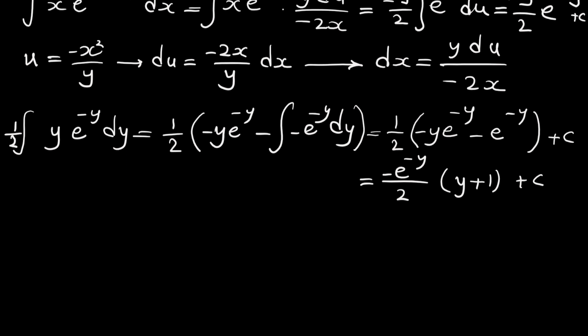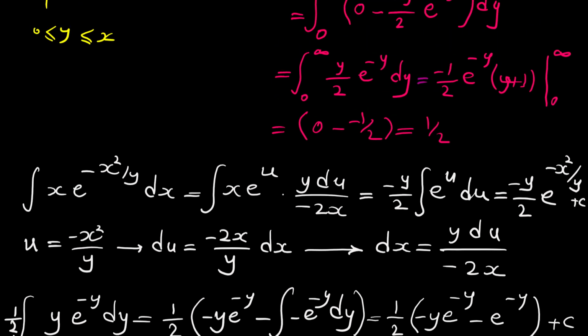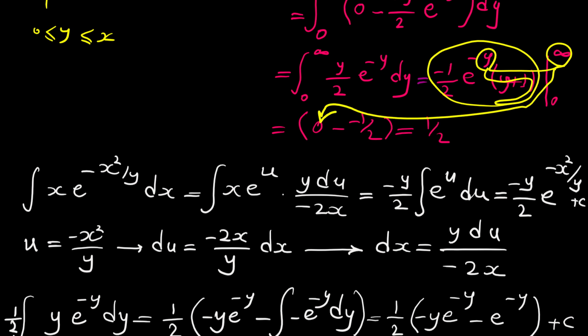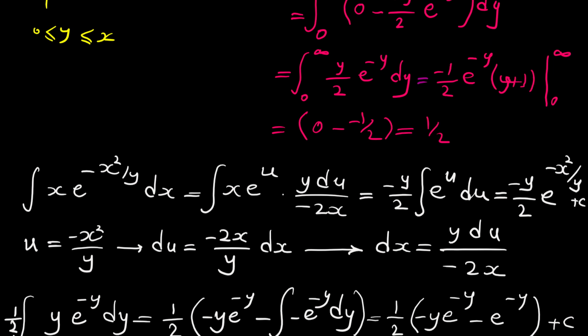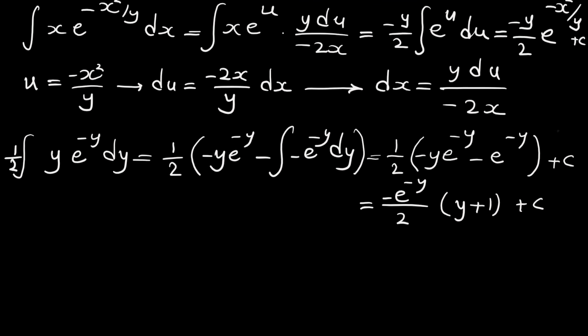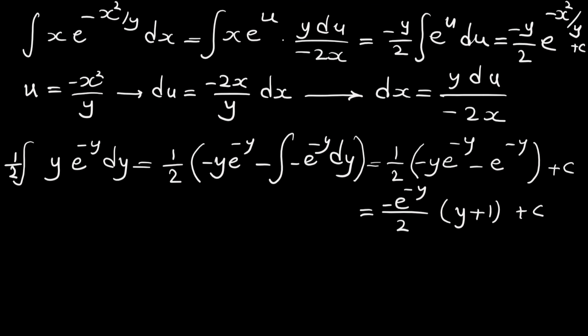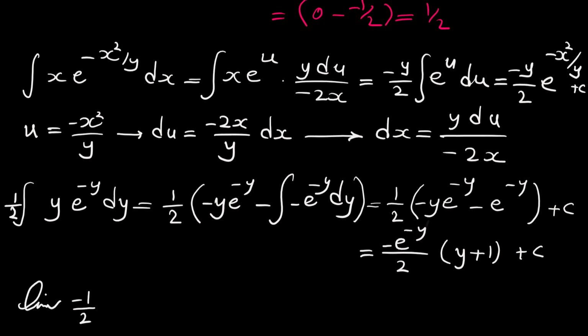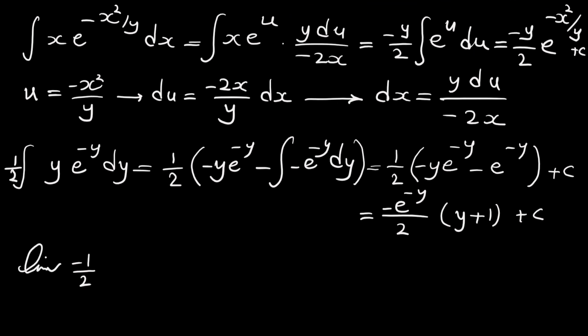The other thing that I have to show you is this part: the limit of this expression when y approaches infinity is 0. So I want to show you that the limit of negative 1/2 e to the negative y times y plus 1 when y goes to infinity is 0.